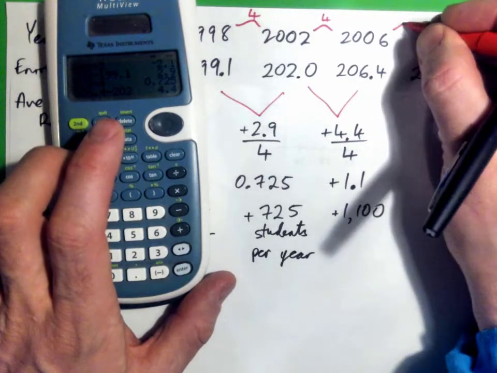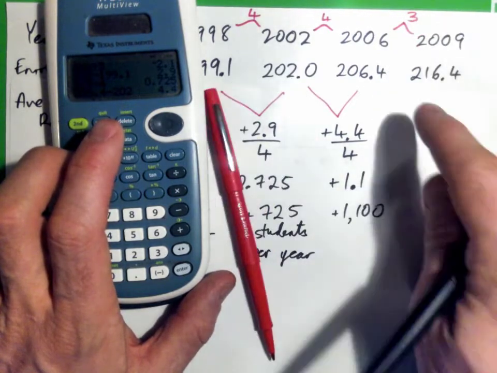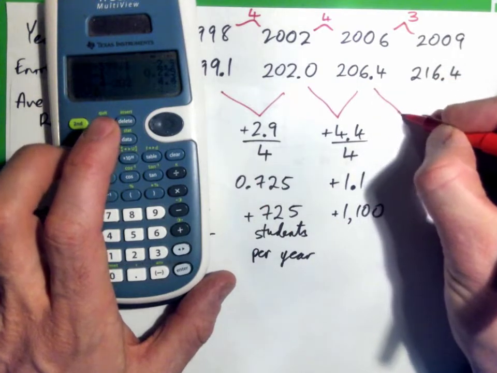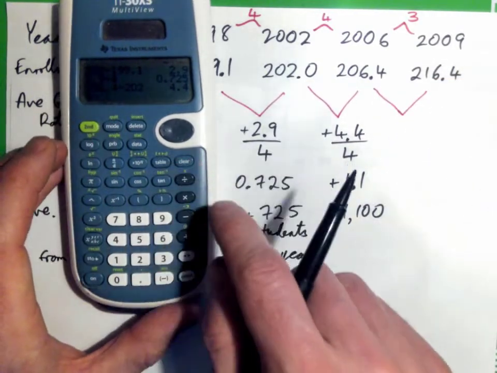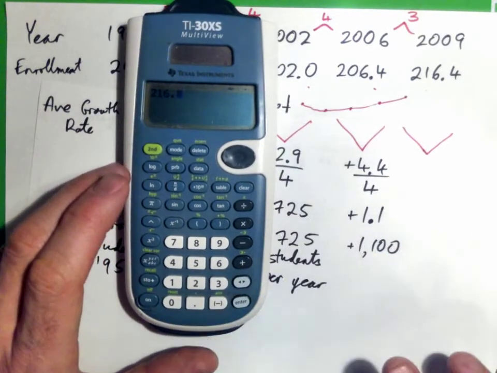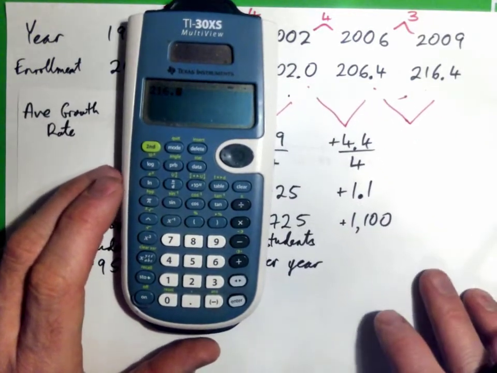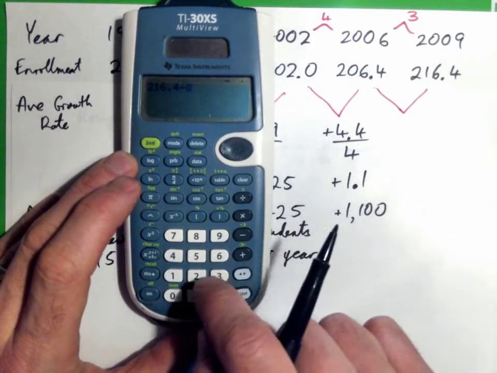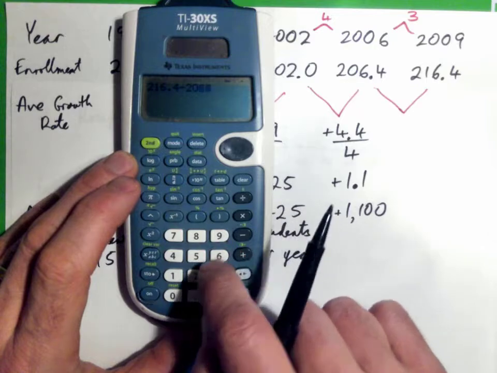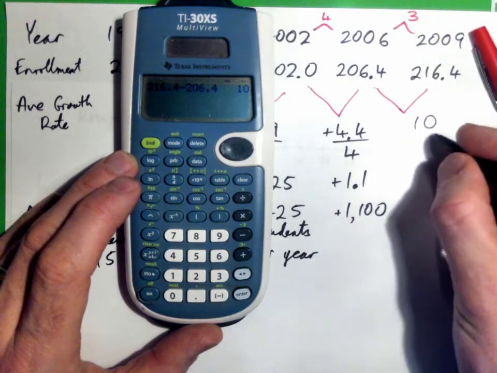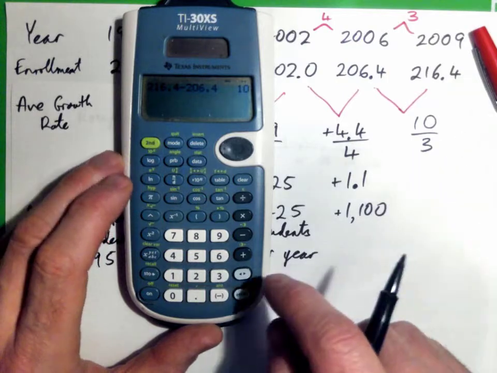And then from here to here, that's 3 years from 06 to 09. And from here to here is 216.4 minus 206.4, which is 10, and 10 divided by 3 is 3.333.